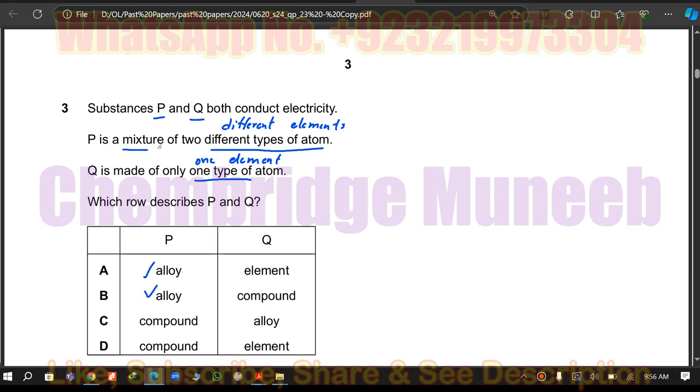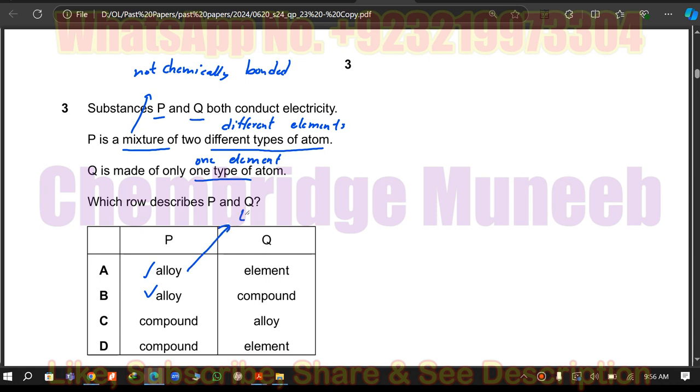Why? Because mixture means it is not chemically bonded. It is just an addition of 2 substances, not chemically bonded. So that's why alloy is the only case here where there is a mixture of 2 or more elements.